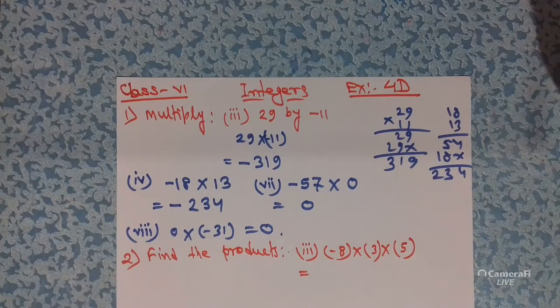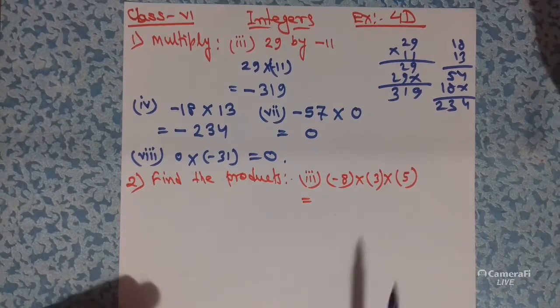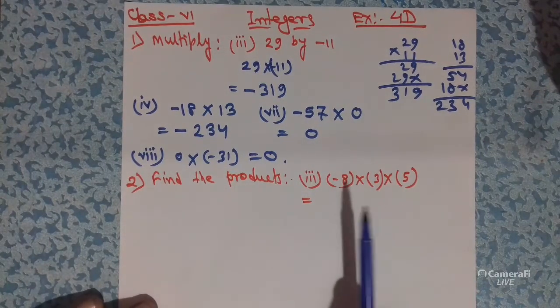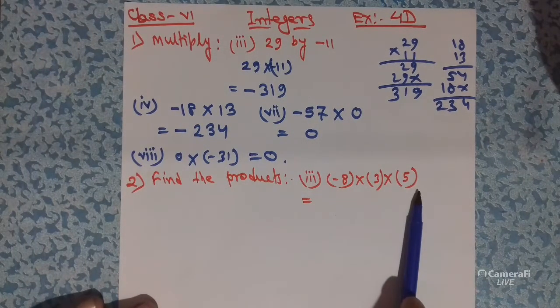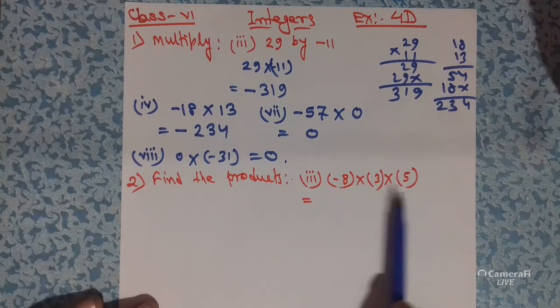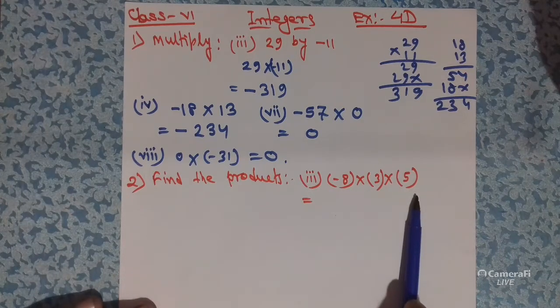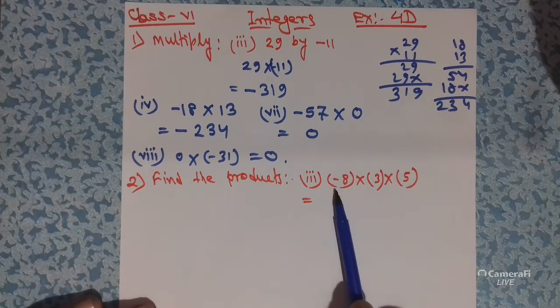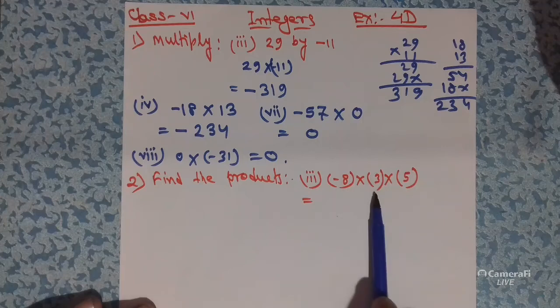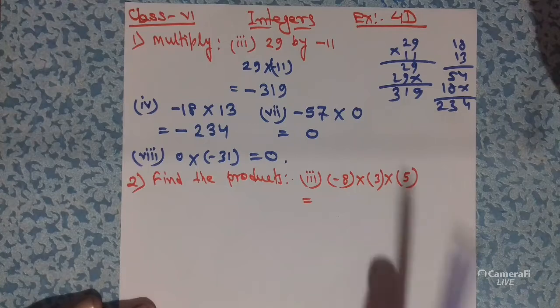So here students, you can see that there are 3 integers, one is negative and the remaining 2 are positive. When we multiply a negative integer with a positive, it will be negative. So minus multiply plus is minus, and again minus multiply plus is minus.